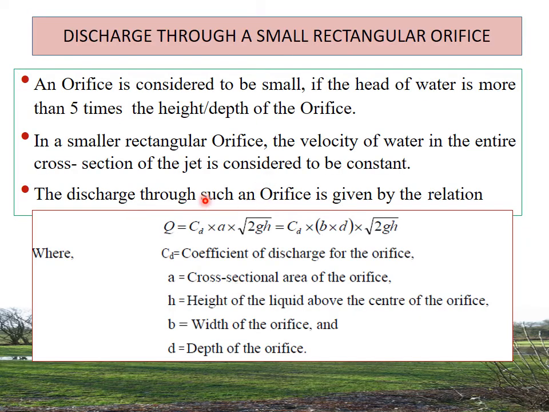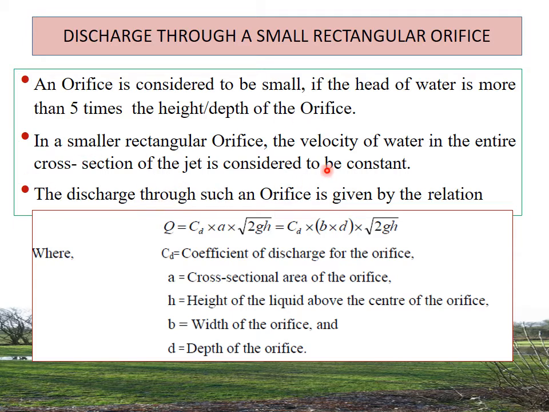So, first is discharge through a small rectangular orifice. An orifice is considered to be small if the head of water is more than 5 times the depth of the orifice.